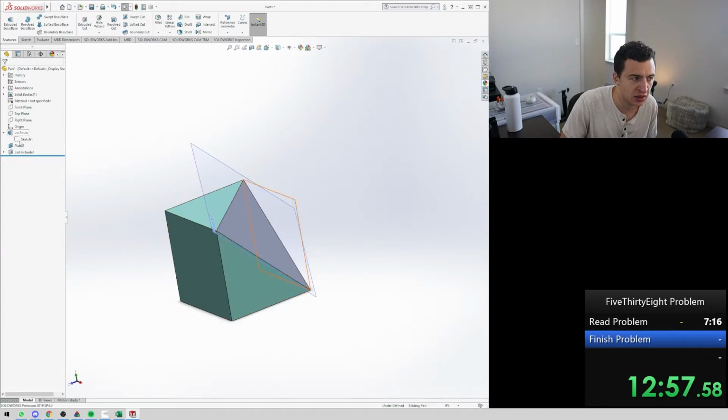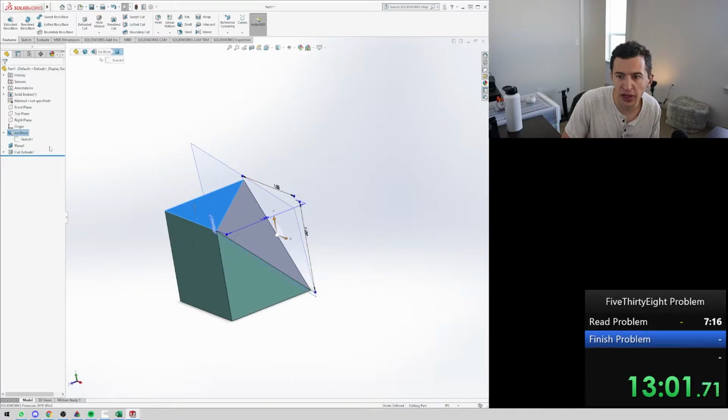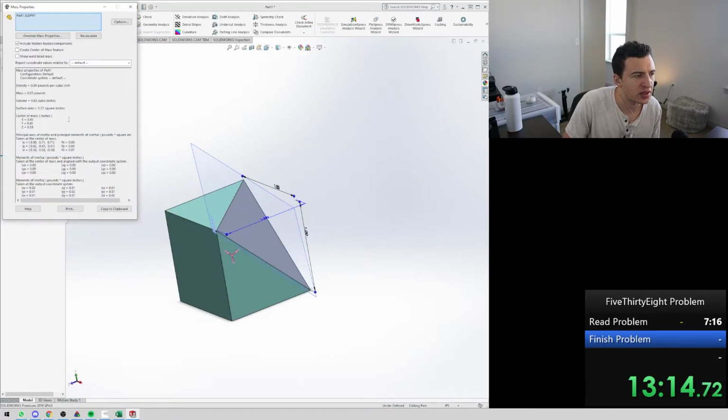My guess is that this new figure will have less surface area. Mass properties is actually the way you do it. So the volume now is 0.83, and the surface area is 5.37. I'm in inches, but just ignore that. Pretend like we're in meters.